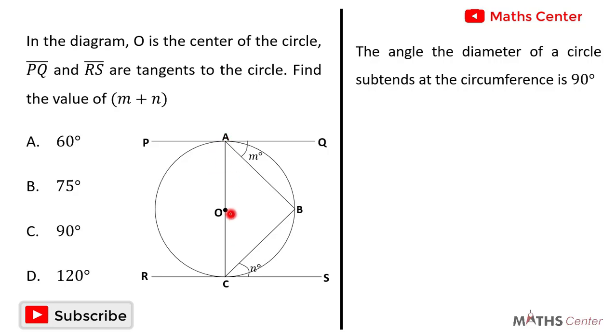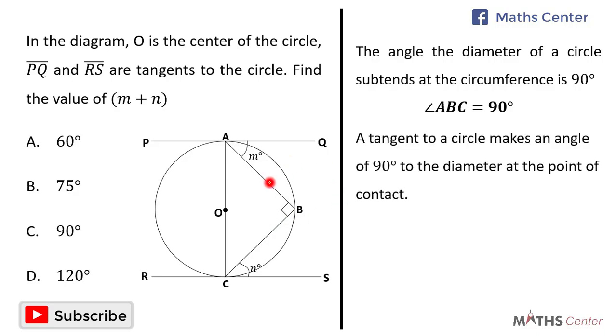So it means that AC is a diameter. The theorem says that the diameter subtends an angle of 90 degrees at the circumference. So the angle ABC, which is the angle subtended by the diameter at the circumference, is 90 degrees.